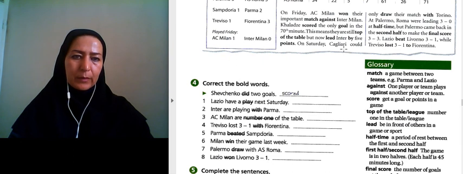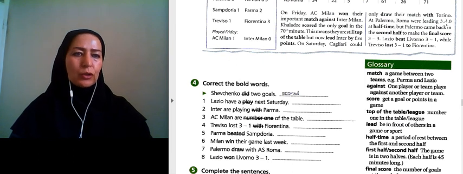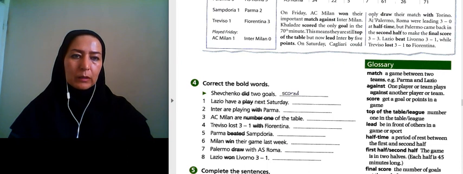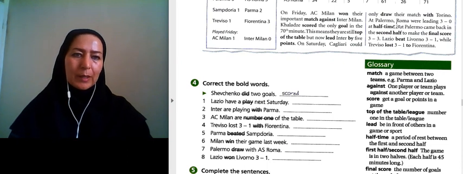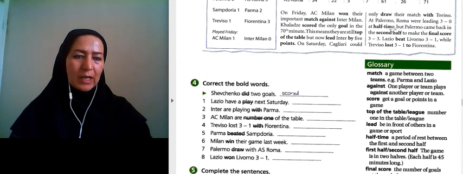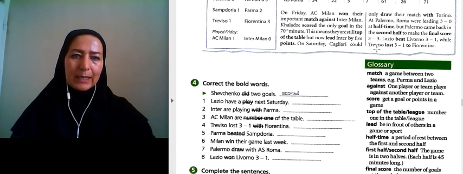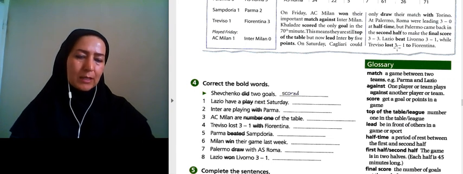On Saturday, Cagliari could only draw their match with Torino. So it means they could just draw with Torino. At Palermo, Roma were leading 3-0 at halftime, but Palermo came back in the second half to make the final score 3-3. Lazio beat Liverpool 3-1, while Treviso lost 3-1 to Fiorentina.